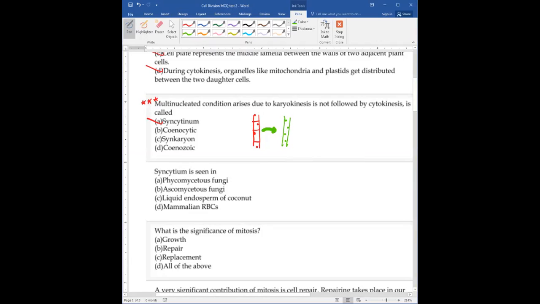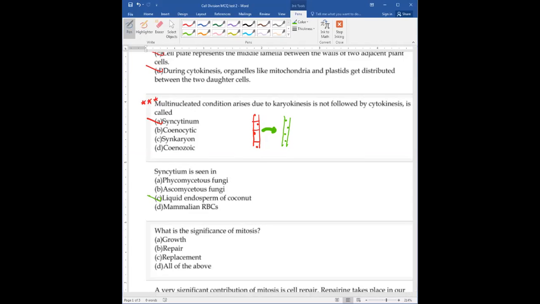So the chances are that here there is one example which 101% shows syncytium. And who is that? That is nothing but, guys, the liquid endosperm of the coconut. When we have that coconut water, what is this coconut water?